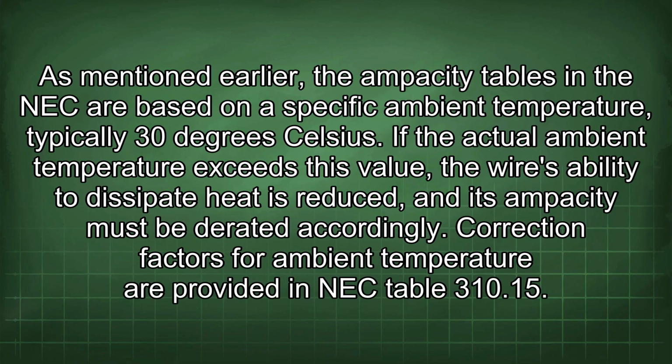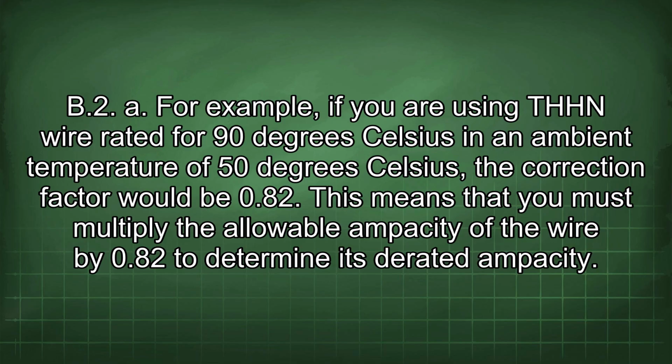As mentioned earlier, the ampacity tables in the NEC are based on a specific ambient temperature, typically 30 degrees Celsius. If the actual ambient temperature exceeds this value, the wire's ability to dissipate heat is reduced, and its ampacity must be derated accordingly. Correction factors for ambient temperature are provided in NEC Table 310.15(B)(2).